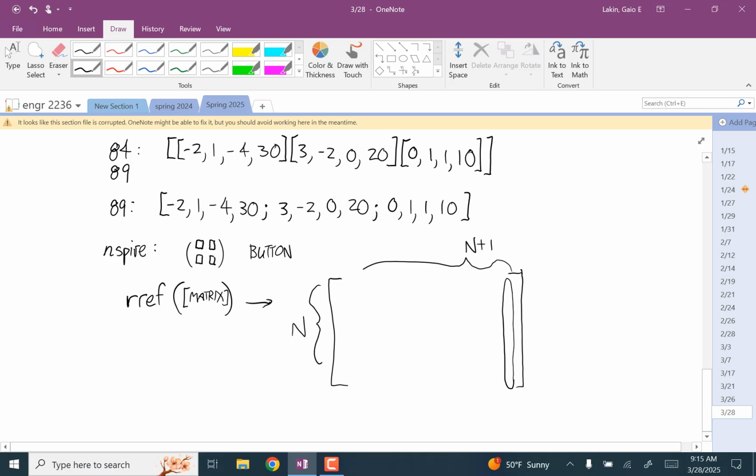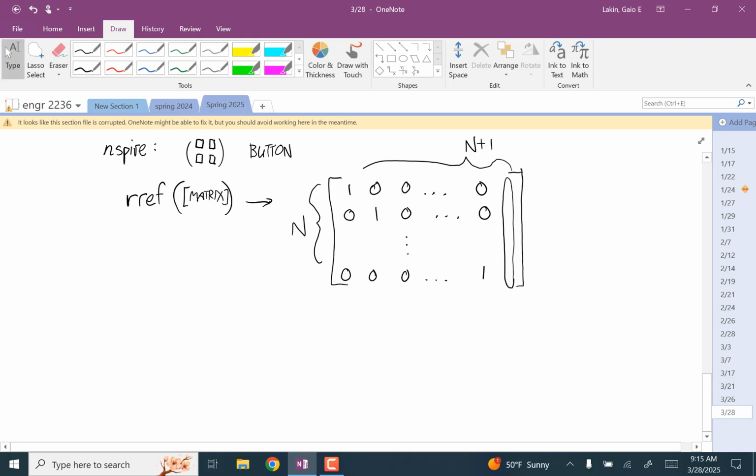The first n by n matrix, if nothing went wrong with your calculation, is going to be the identity matrix. And then this last column is going to be the variable answers in order.